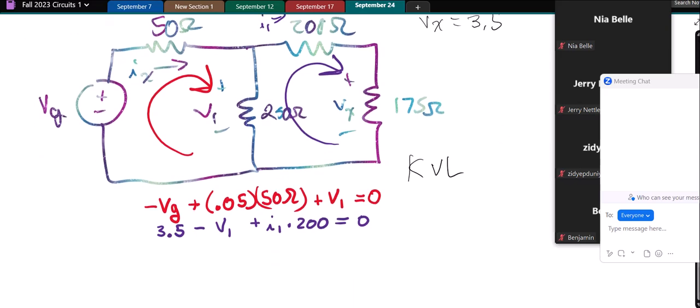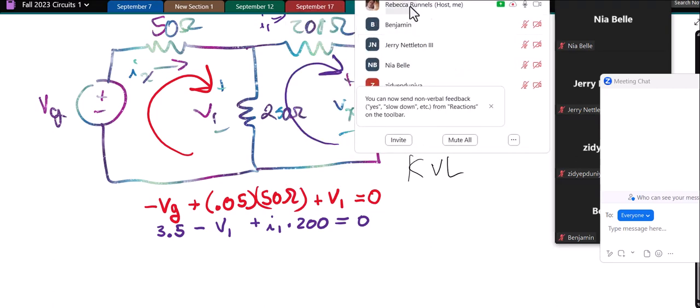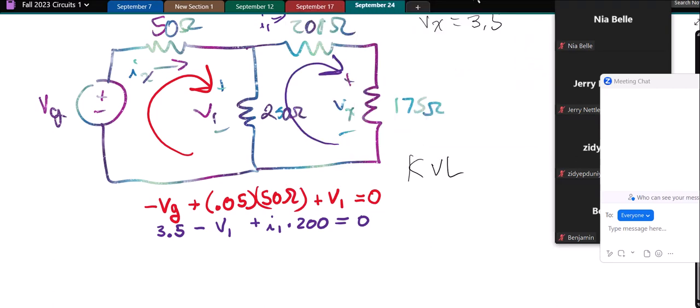Okay, so I have two equations, but I have three unknowns, so I can't solve them yet. In order to solve them, I'll need some more information. The third loop is not going to help me here.